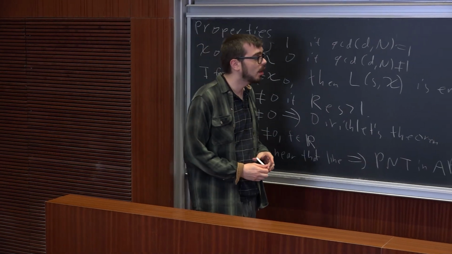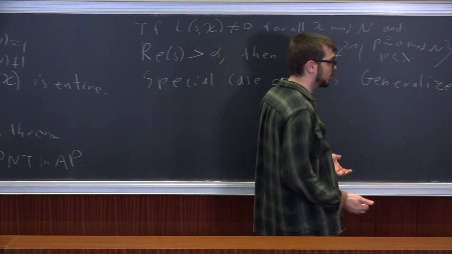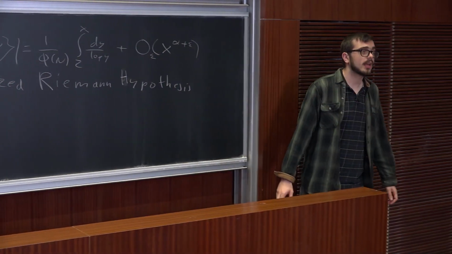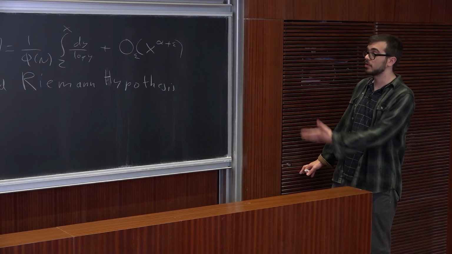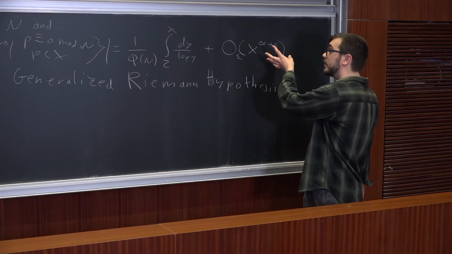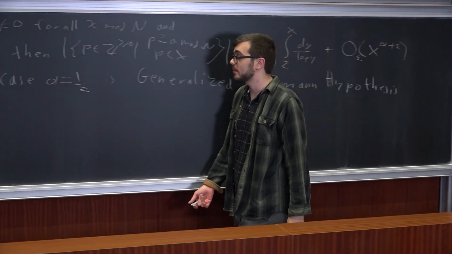So showing non-vanishing of this function out to the line 1/2 plus it is one of the most important problems in number theory. It's a generalization of the Riemann hypothesis, and it would imply a very strong estimate for the number of primes in progressions.